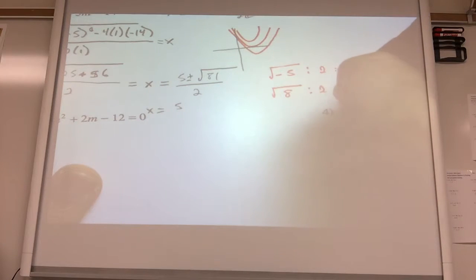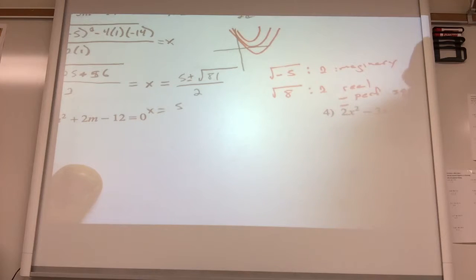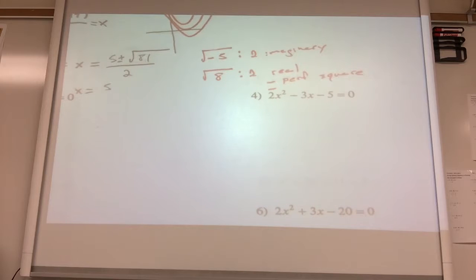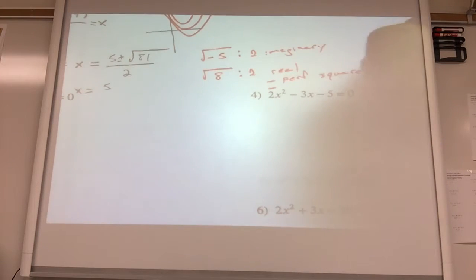Some small bullets here: if the square root is a perfect square, for example, say it's the square root of 4. Square root of 4 is 2. It's a perfect square. Then your solutions are going to be rational.